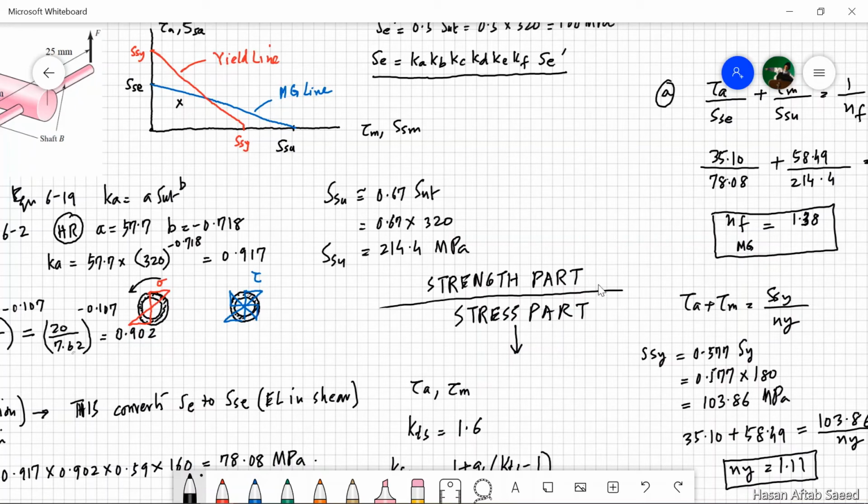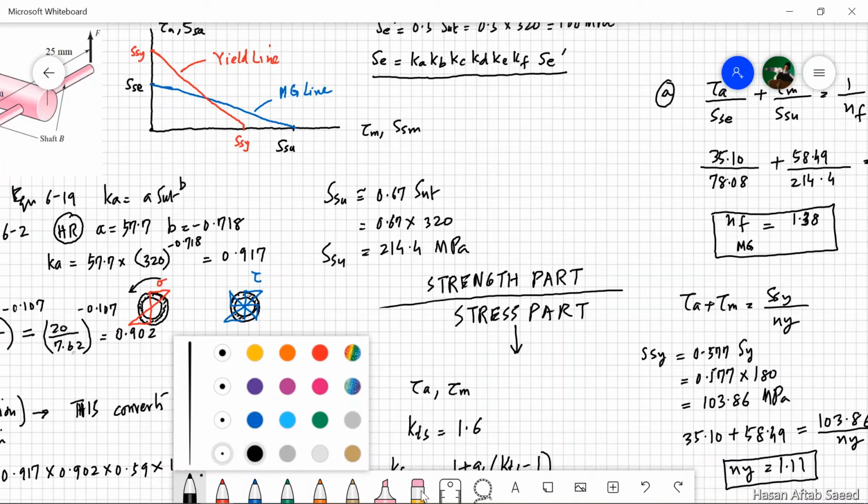So this point doesn't plot here. It actually plots somewhere around this region, where, if extended, it will cross the yield line first and later on the modified Goodman line.